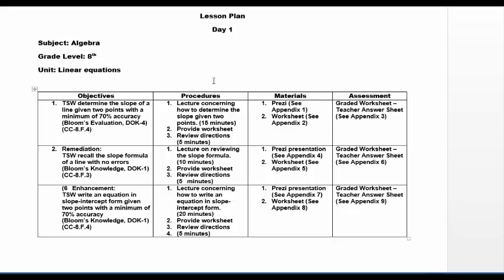The next thing we look at are the procedures. In procedures, it says lecture concerning how to determine the slope given 2 points, 15 minutes. Provide worksheet. Review directions, 5 minutes. Materials: Prezi, see Appendix 1, and then there's a worksheet, see Appendix 2.